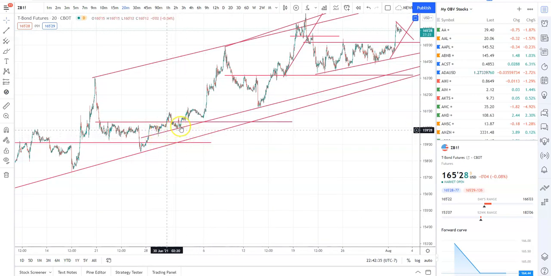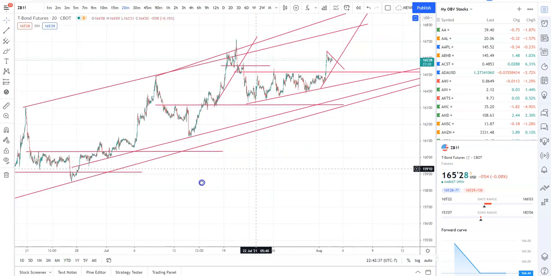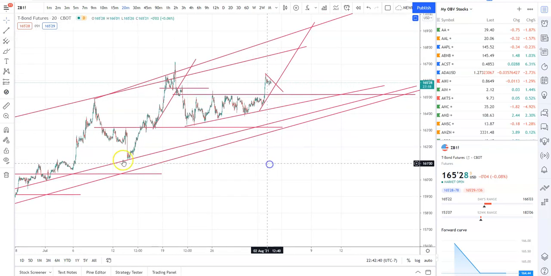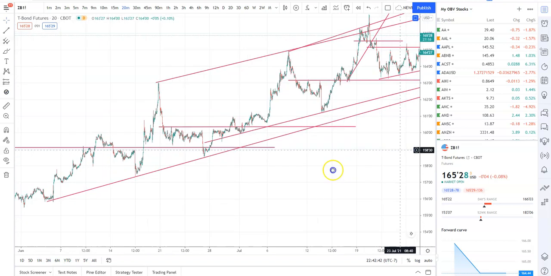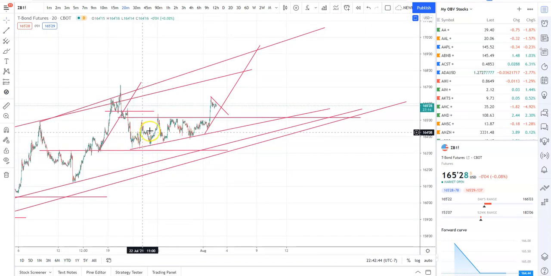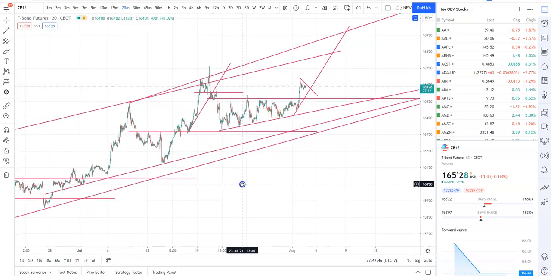And you can see we have another channel here that's also working up. So we've got this really nice looking upward moving channel that's been developing for the better part of 2 months now.